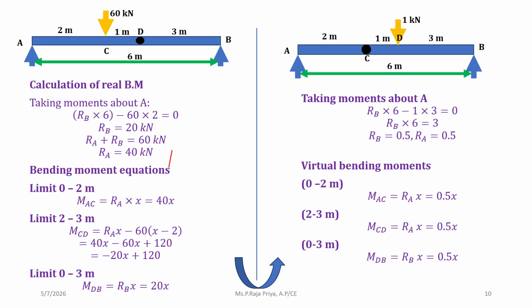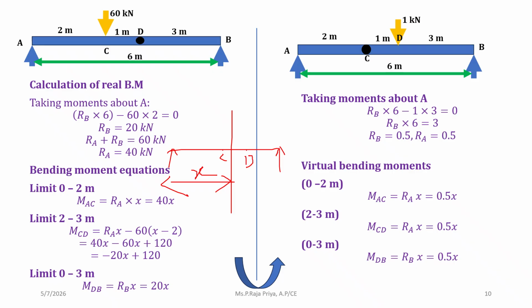That is, we have a beam. This is point C. This is point D. We are taking a section in between which is x meter from A. What will be the bending moment in MCD?